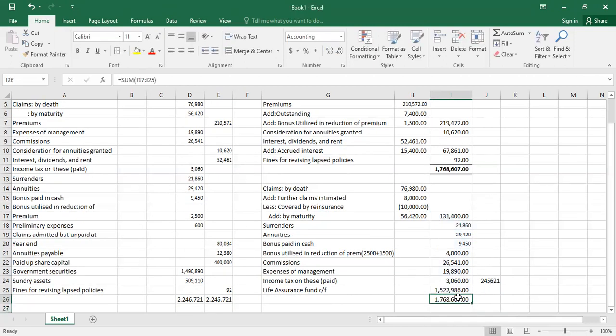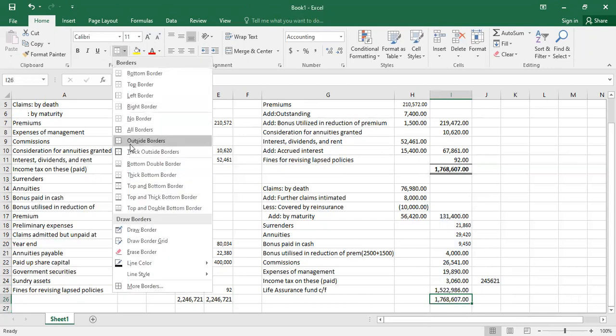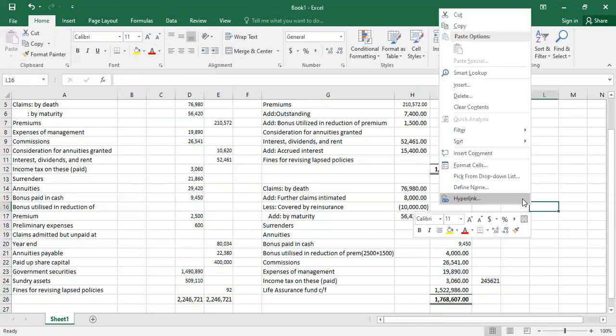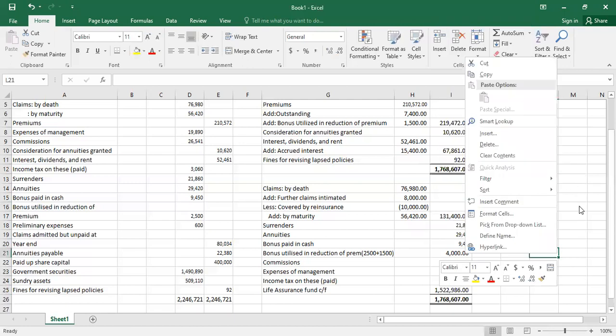Those are balancing figures. So there we are. So I can delete this and I can make this bold. So that's how our revenue account basically will look like.